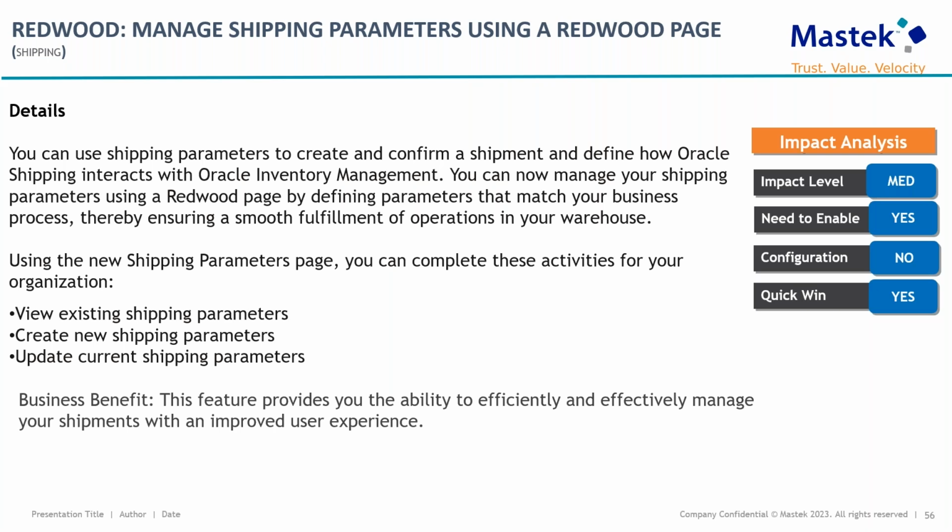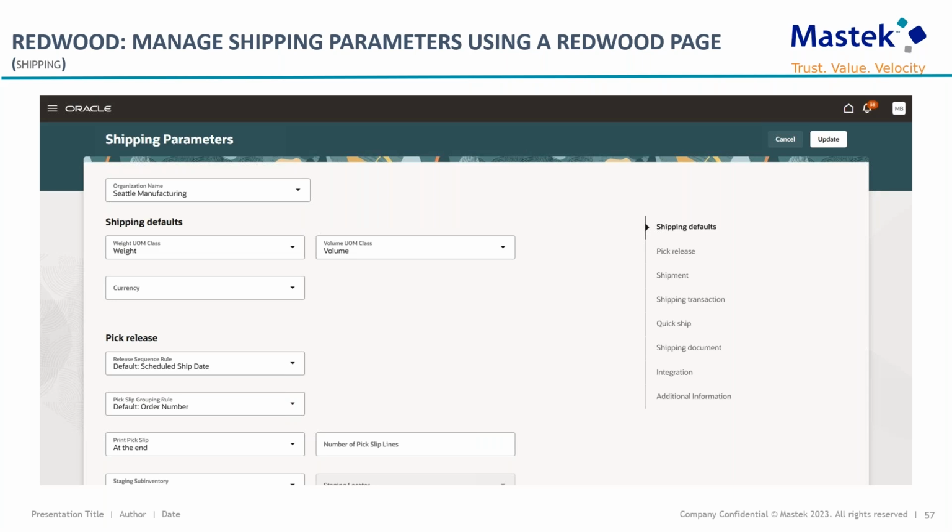Instead of navigating through the older user interfaces, you can now easily access, review, and update shipping parameters right from the setup and maintenance area. This not only improves usability, but also helps teams align shipping configurations more closely with their business processes. This is how the shipping parameter page looks like on the Redwood interface.